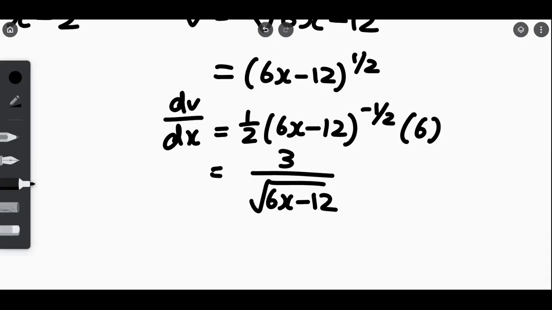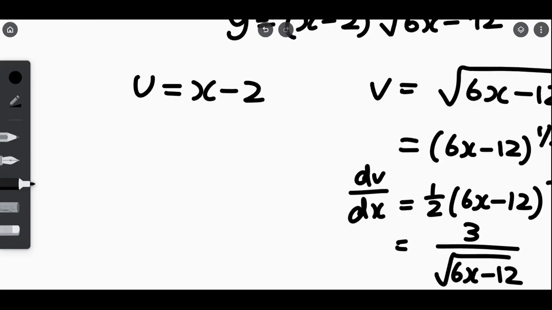If you're wondering why there's a root in the denominator, it's because I moved the minus half power sign down to the denominator. And what is du/dx in the end? du/dx is just 1.